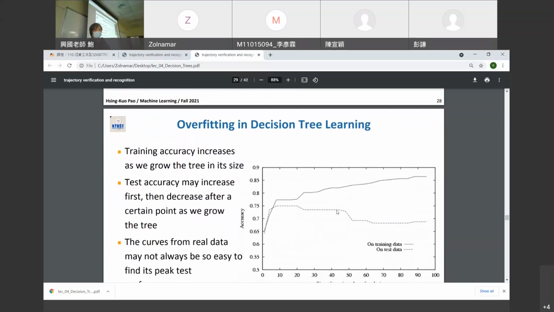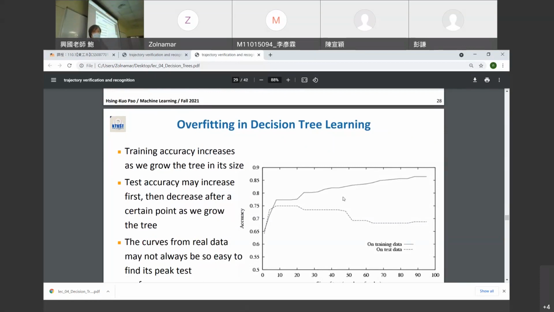Usually we are going to see this kind of curve. Here is accuracy. For the training data, accuracy continues to grow and eventually reaches 100%, for sure, because the hypothesis space is big enough to cover all kinds of hypotheses.